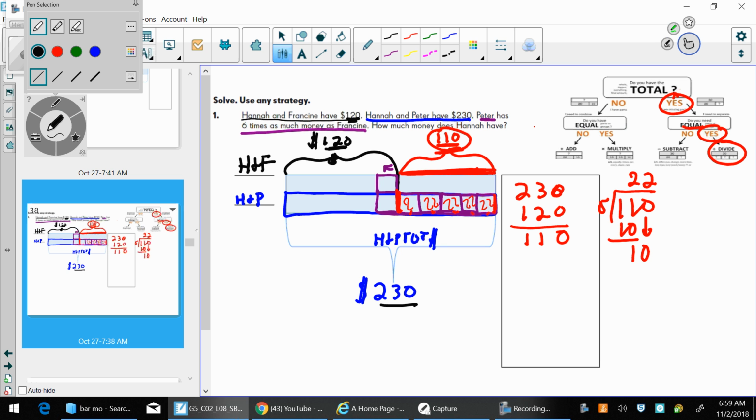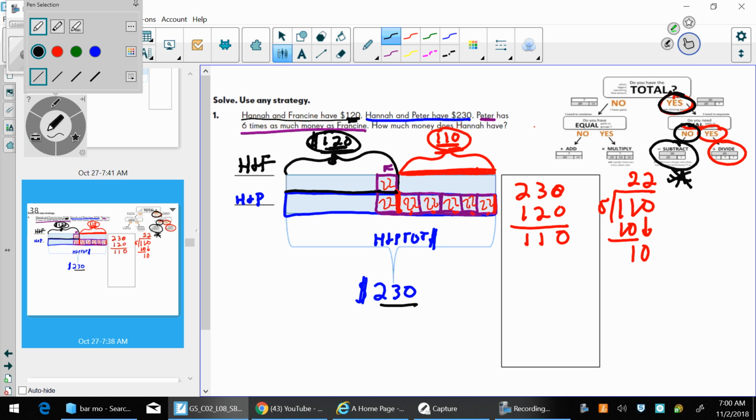Now, if each of those is 22, this is the same size. So Francine has 22 of the total, $22 of the total. Okay, now to get Hannah? Well, now I have another mini problem. I have a total, yes. I have unequal parts because Hannah is different than Francine. So what do I do? I subtract.